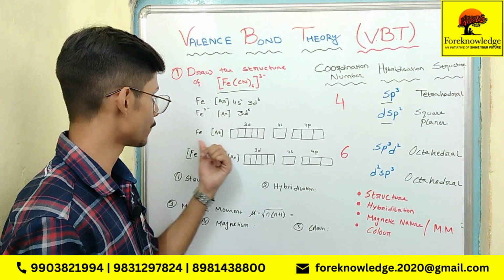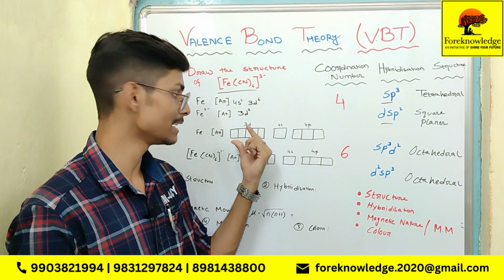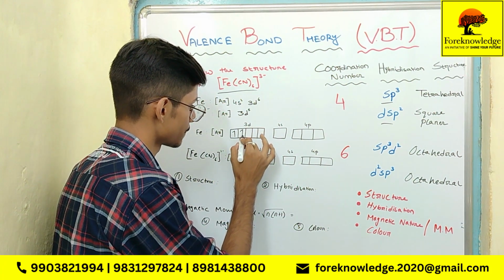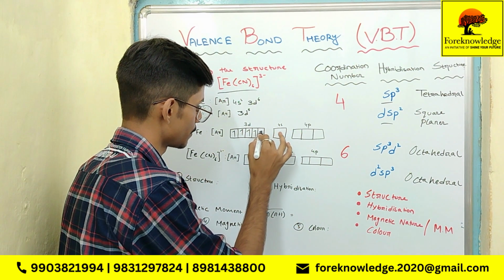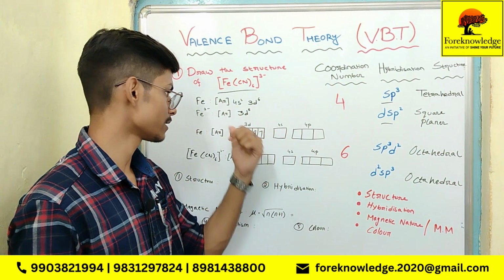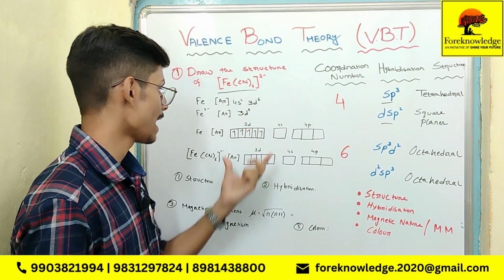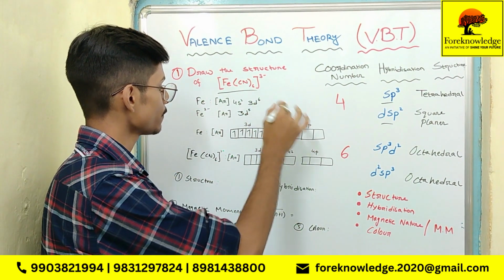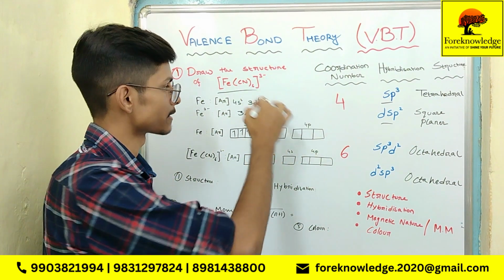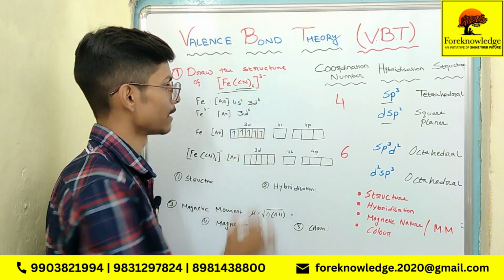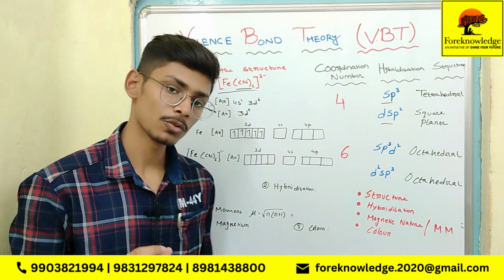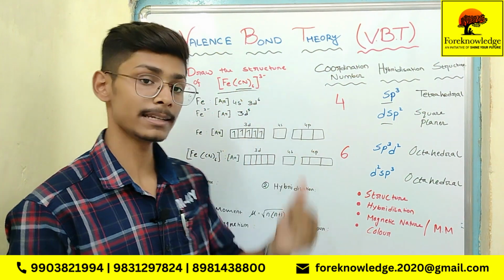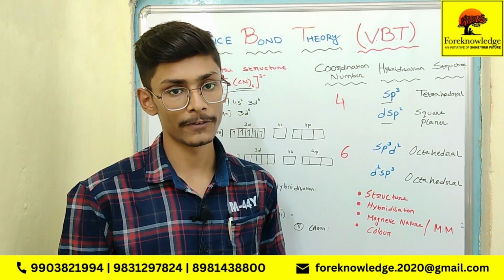Now we have to fill the electrons in the d shell. It will get filled like this. So Fe3+ has a structure like this. Now we have to see which type of ligand is present. Here it is CN, cyanide, and CN is a strong field ligand.